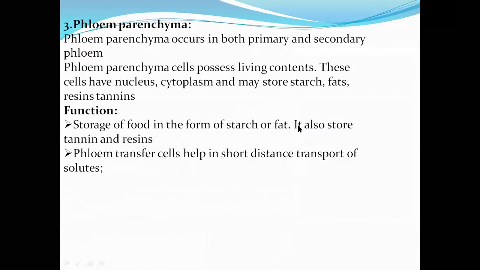Next, the third one is parenchyma, that is phloem parenchyma. Generally, phloem parenchyma occurs in both primary and secondary phloem. These are living cells, which means they possess cytoplasm and nucleus.